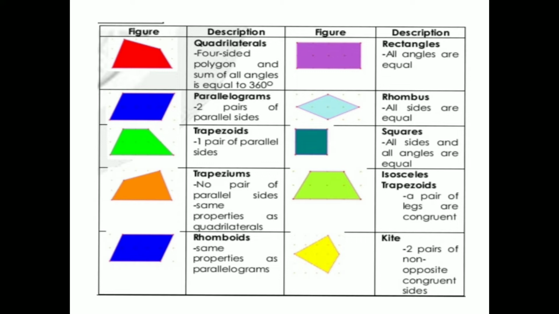Same properties as quadrilaterals. Rhomboids naman is yung same properties as parallelogram. Rectangles, all angles are equal. Rhombus, all sides are equal. Square, all sides and all angles are equal. Isosceles trapezoids, a pair of legs are congruent. And the kite naman is two pairs of non-opposite sides are congruent.